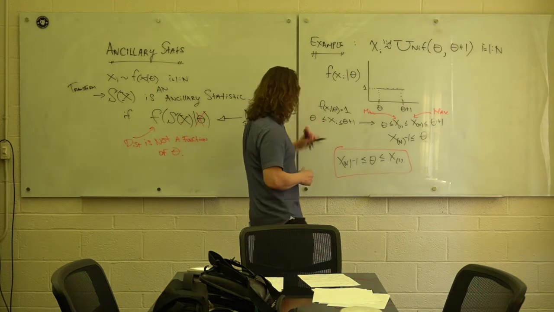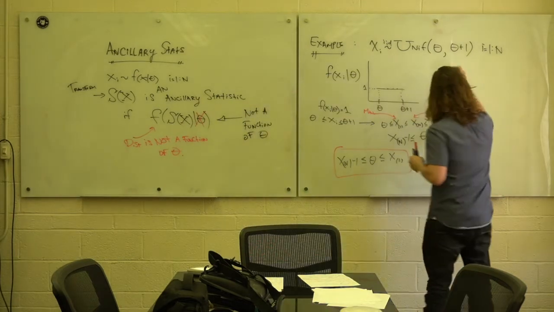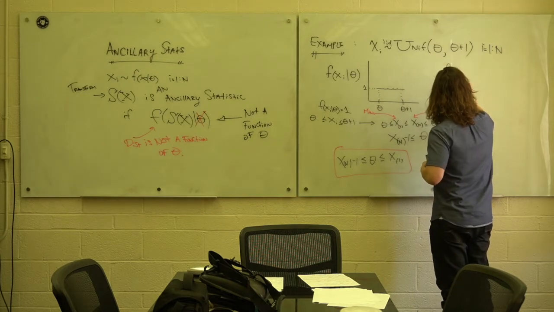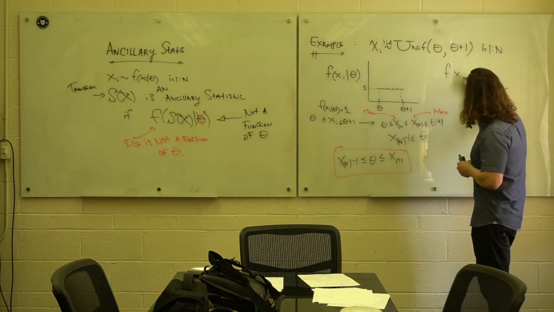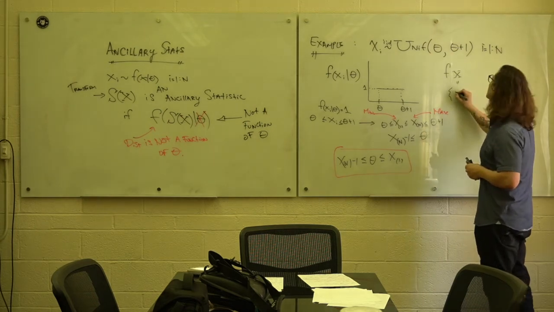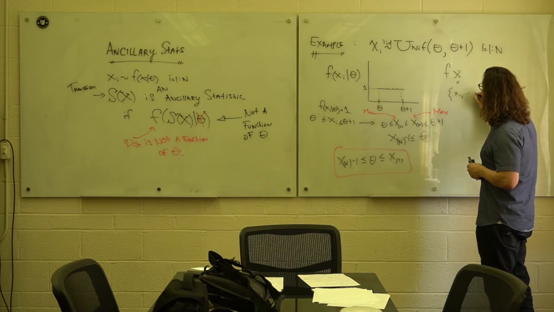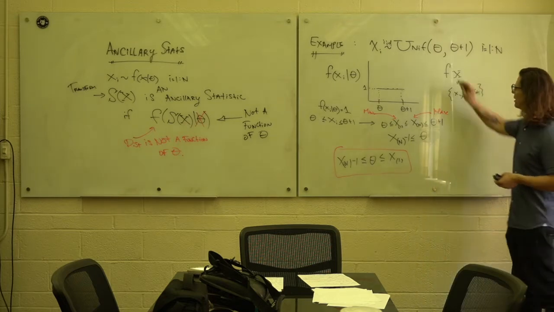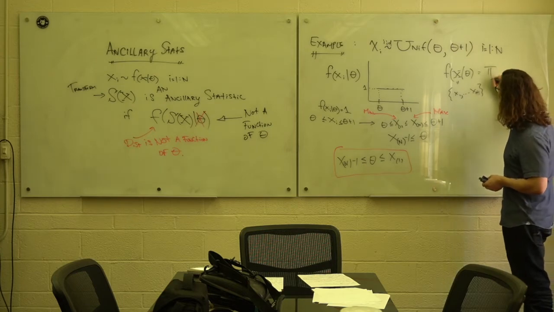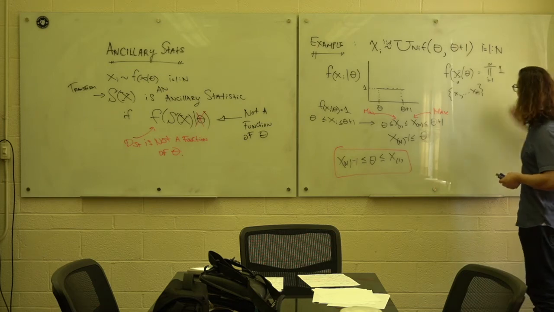So I could rewrite that f of capital X, so this is my whole collection of data, x1 to xn, doesn't need to be the order stats, given theta, is going to be equal to the product, i goes from 1 to n, 1.